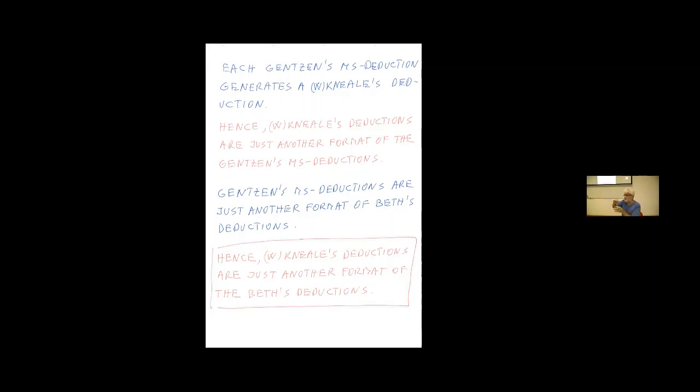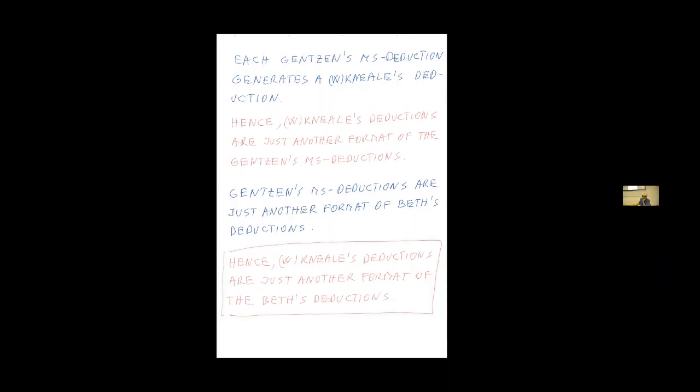These W are just these contractions. Because of that, W Nielsen deductions are just another format of Gentzen multiple-conclusion sequent deductions. And we already know that Gentzen's multiple-conclusion deductions are just another format of Beth's deductions. So the final conclusion is that these Nielsen deductions are just another format of Beth deductions.